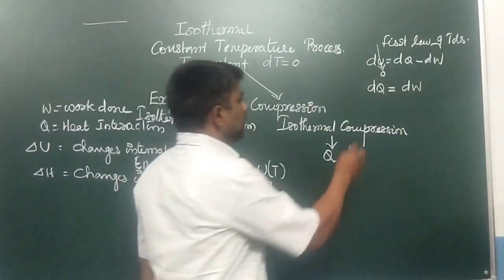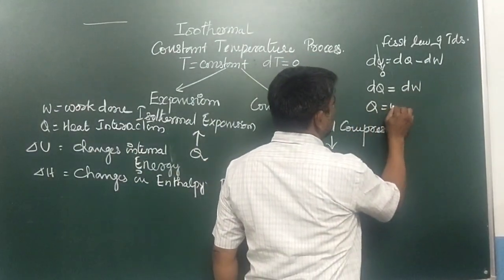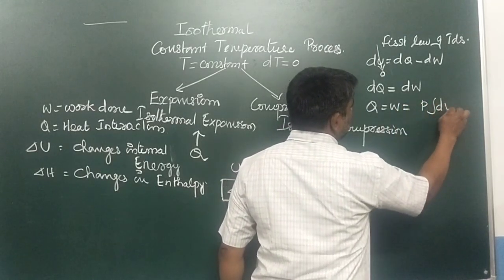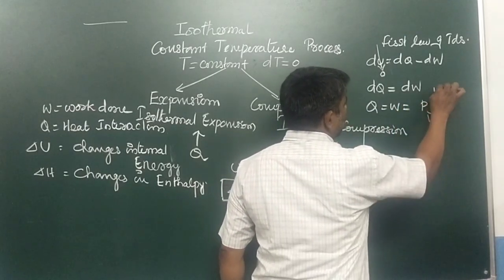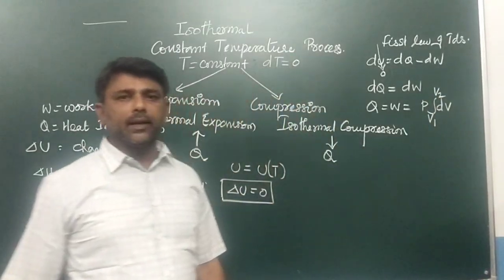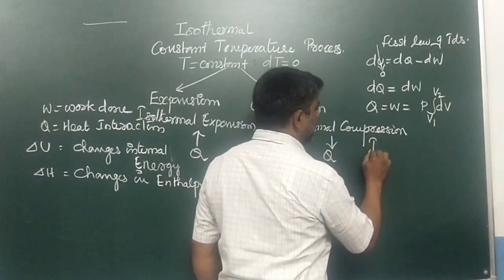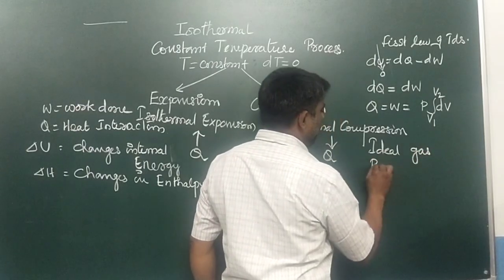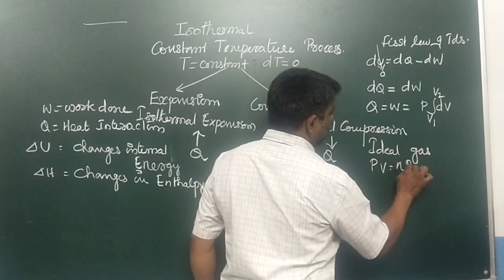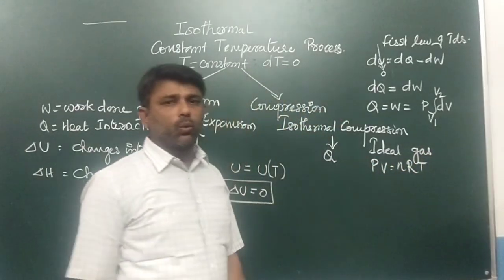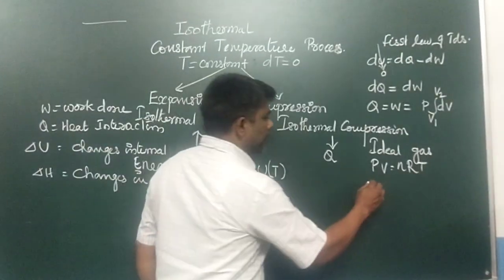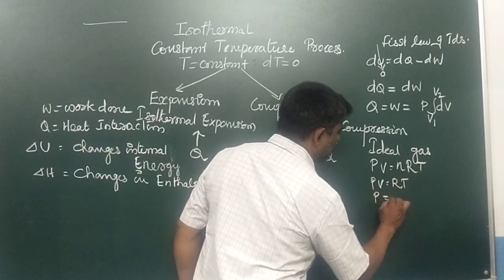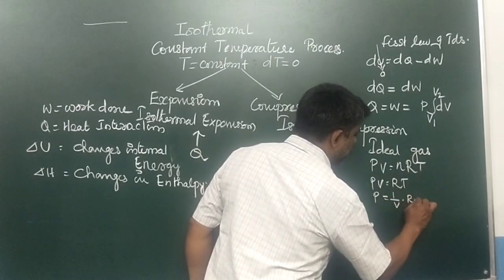We well know that Q is equal to W is equal to integral P dV, limit V1 to V2. For an ideal gas, PV is equal to nRT. For 1 mole of an ideal gas, this equation becomes PV is equal to RT and P is equal to 1 by V into RT.